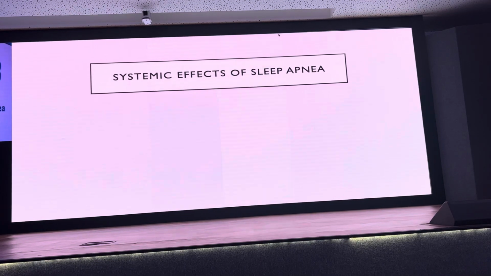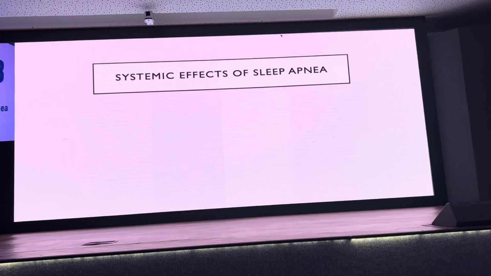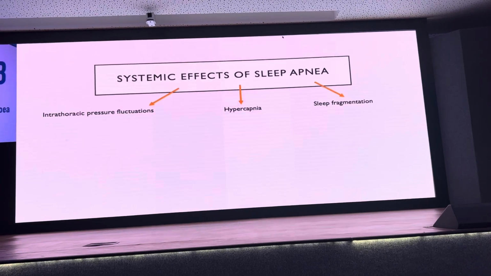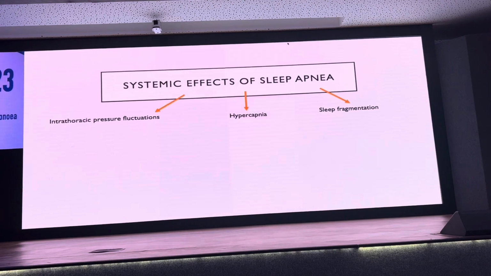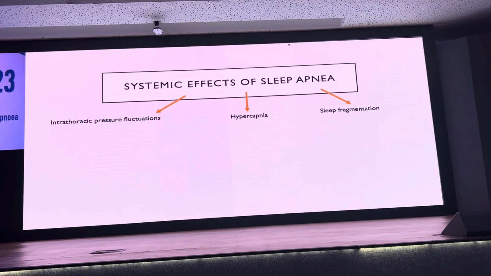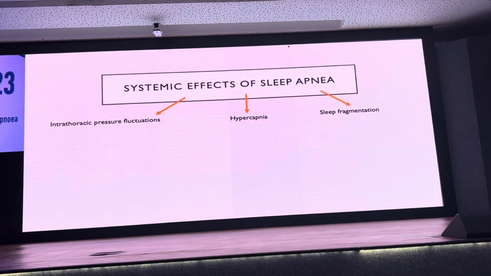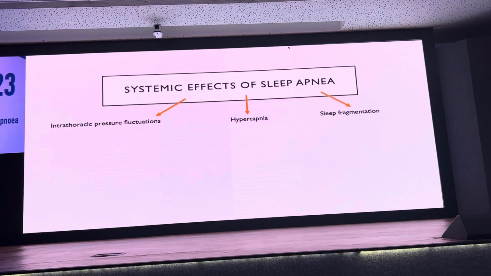Now why are we worried about sleep apnea at all? What are the systemic effects of sleep apnea? Sleep apnea will cause intrathoracic pressure fluctuations at night, number 1. Number 2, it causes hypercapnia. Number 3, it causes sleep fragmentation.